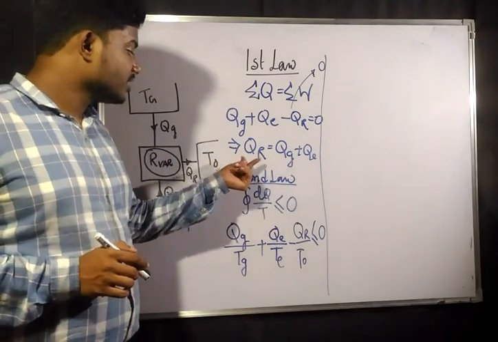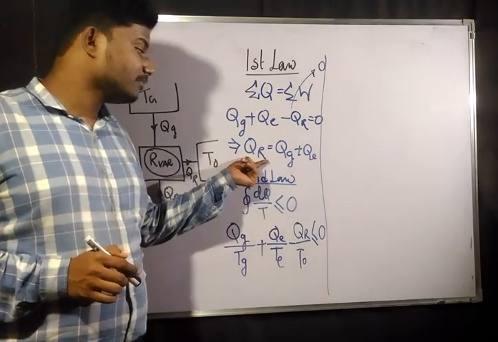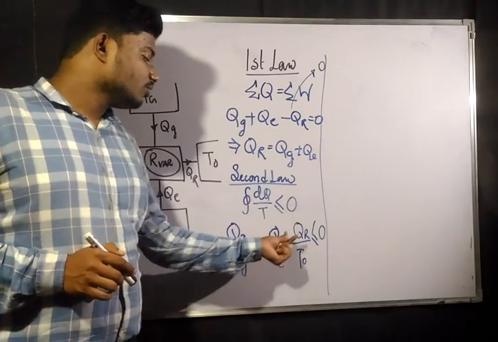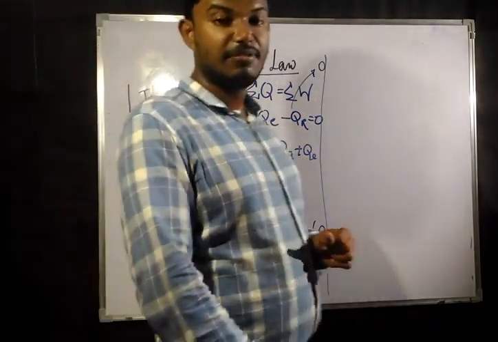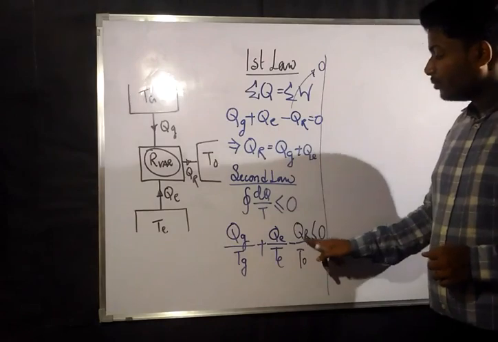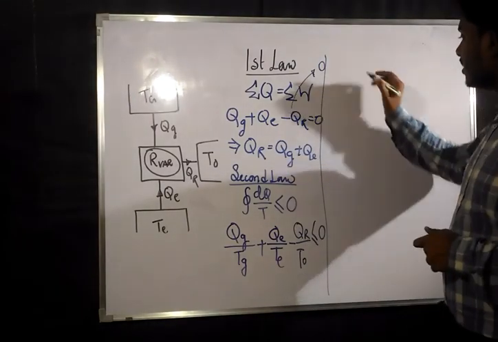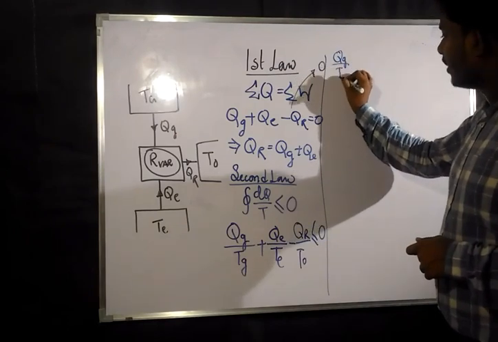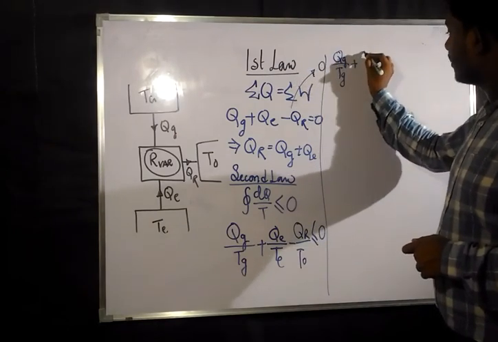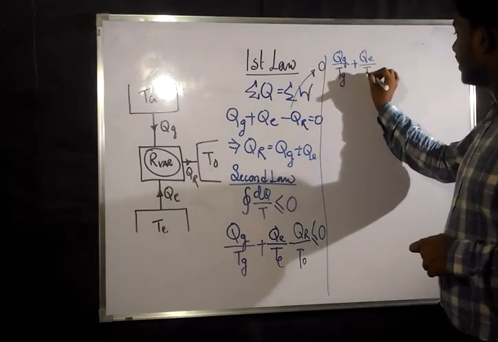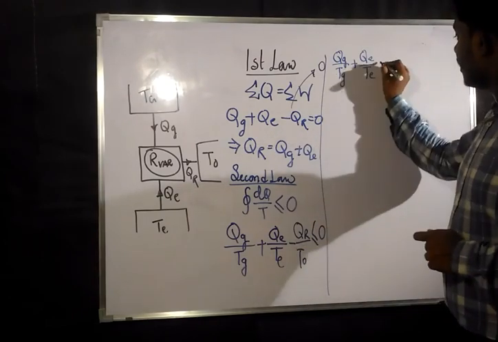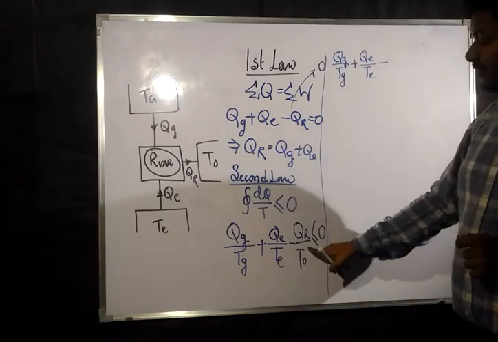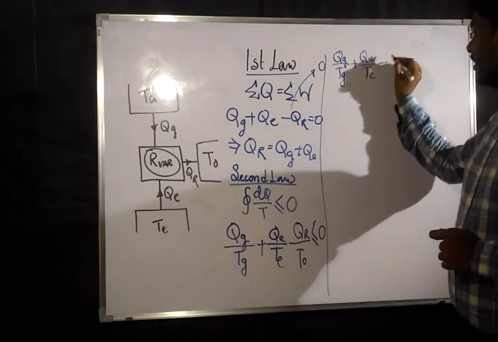Now from the earlier equation we know that QR is going to be equal to Qg plus Qe. So if you replace QR with Qg plus Qe, then the equation that you are going to get is Qg by Tg plus Qe by Te, and we are separating this QR with the help of Qg and Qe.